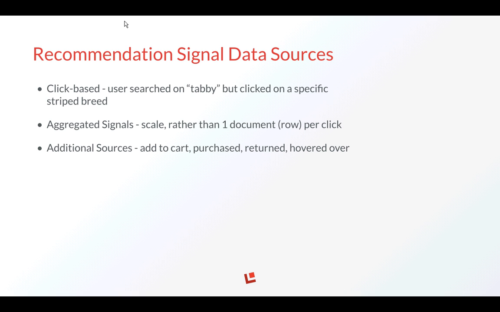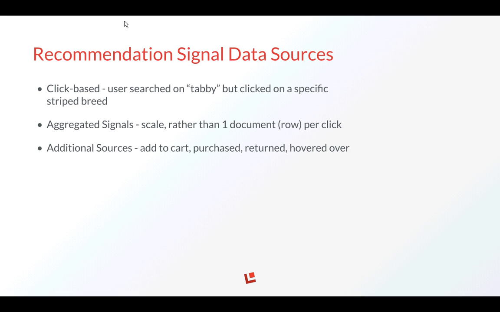As I mentioned, there are different signal data sources. We did click-based, so users searched on something and what they clicked on. You can also use the aggregated signals, as I mentioned. You can also use additional sources.